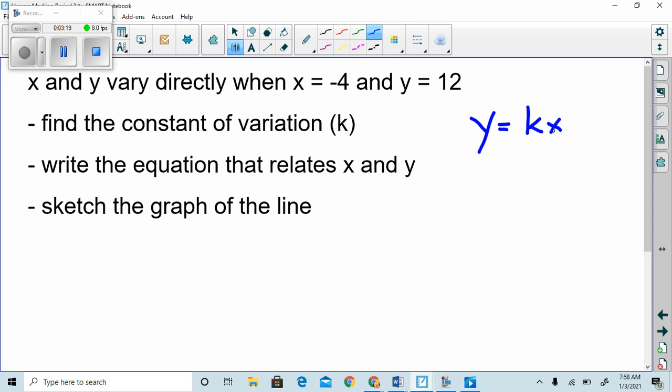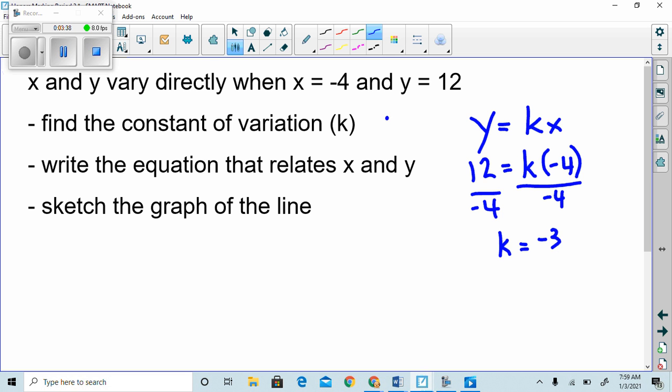We know the value of y is 12. And we know the value in this example of x is -4. One inverse operation will get us the value of k. k is equal to -3. That's step 1. We found the constant of variation, and remember that's also my slope.